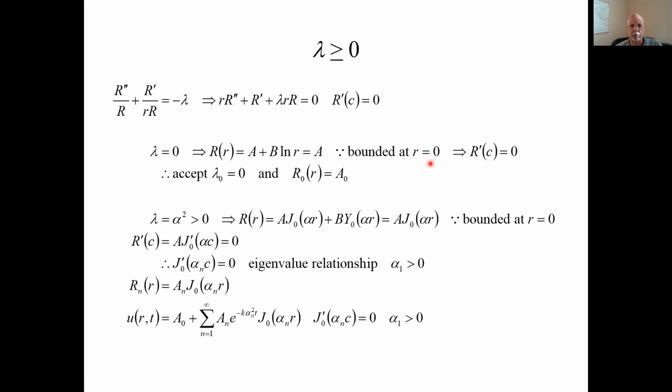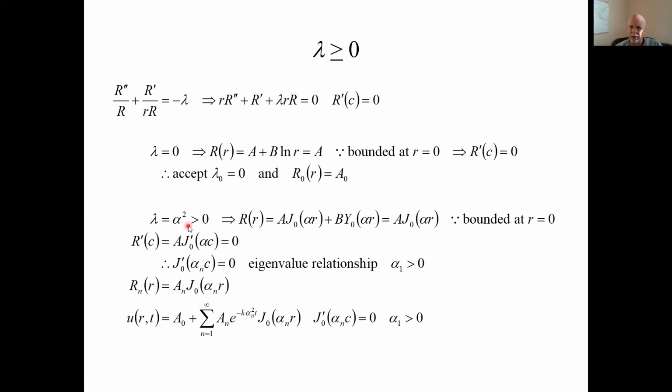We get that because it's bounded. Since it's a constant, its derivative 0 satisfies our boundary condition. So that's okay. So we accept lambda equals 0 as an eigenvalue. Associated eigenfunction is just some constant.